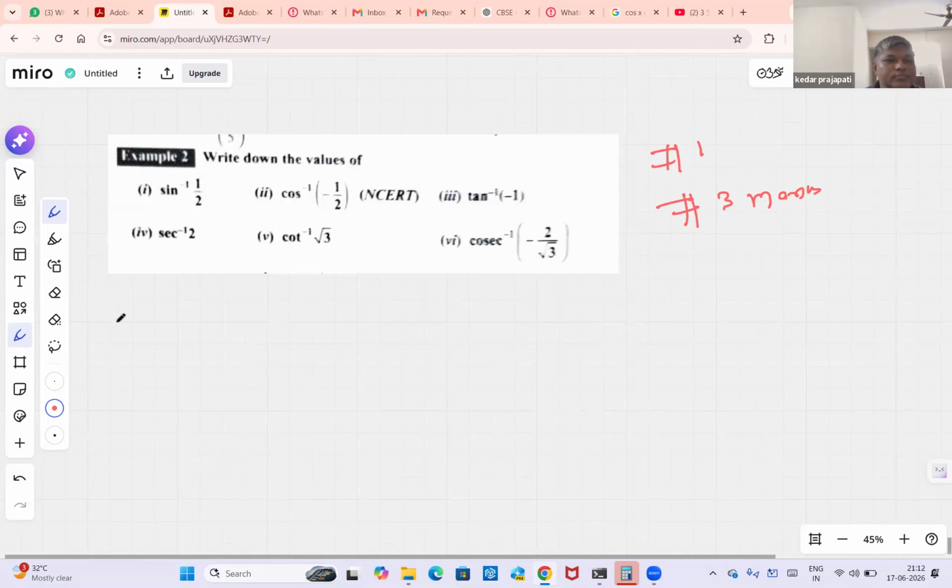First, let x equal to sine inverse half. You can directly write also, but always it will be x equal to sine inverse 1 by 2.